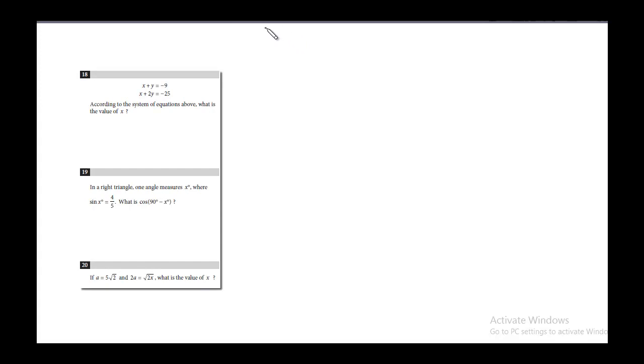In number 18 we have x plus y equals -9, and x plus 2y equals -25. From the first equation, x is -9 minus y. We replace x in the second one.